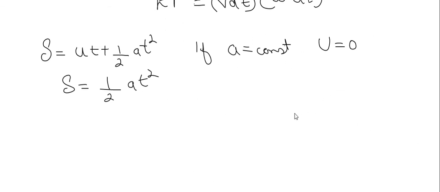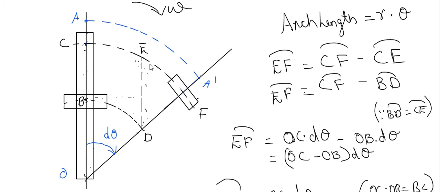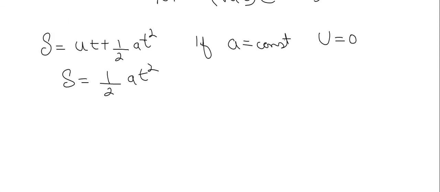Now applying the same thing here, the displacement is actually EF, and the corresponding acceleration is the Coriolis component of acceleration. We consider this displacement EF, and we know EF is caused by the acceleration known as the Coriolis component of acceleration.